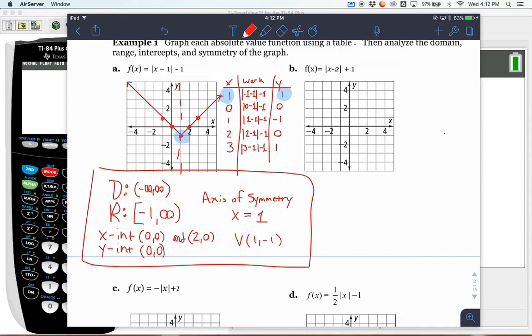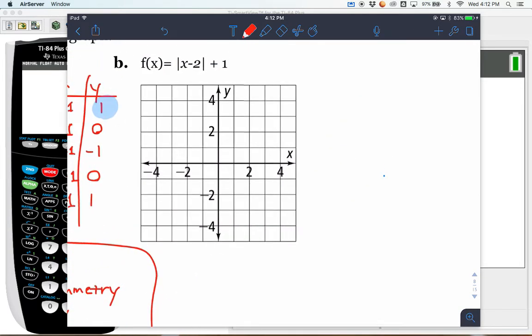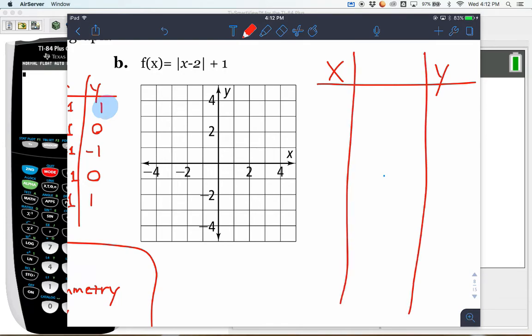Okay. Now, the next one here, kind of the same idea. So we'll go, let's see, x, y. Make a big table here, and I'm going to start this one at 0, 1, 2, 3, and 4, because I already kind of know what the graph is going to look like. And yeah, we're going to set that up here. So we got 0, -2 for our first set, and then we're going to add 1 to that.